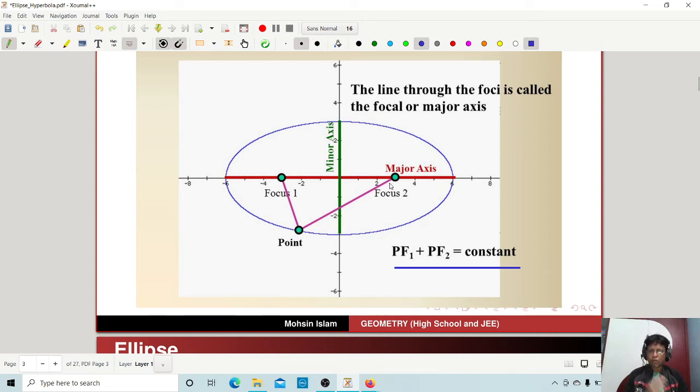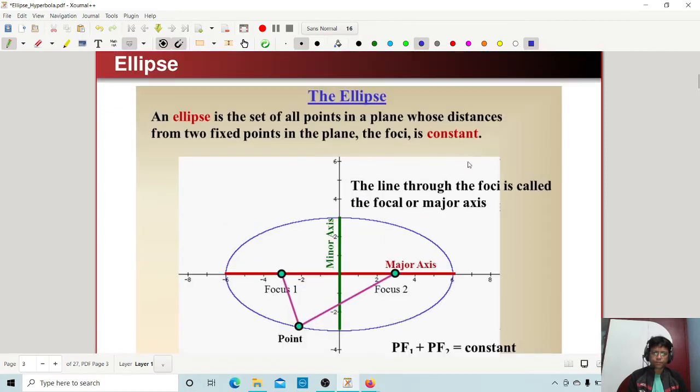Sun will be one of the foci, this or this. In this case, there may be some definitions of aphelion and perihelion, you know that. So the red one, connecting the foci, is called the major axis, and the green one is called the minor axis. The line through the foci is called the focal or major axis.